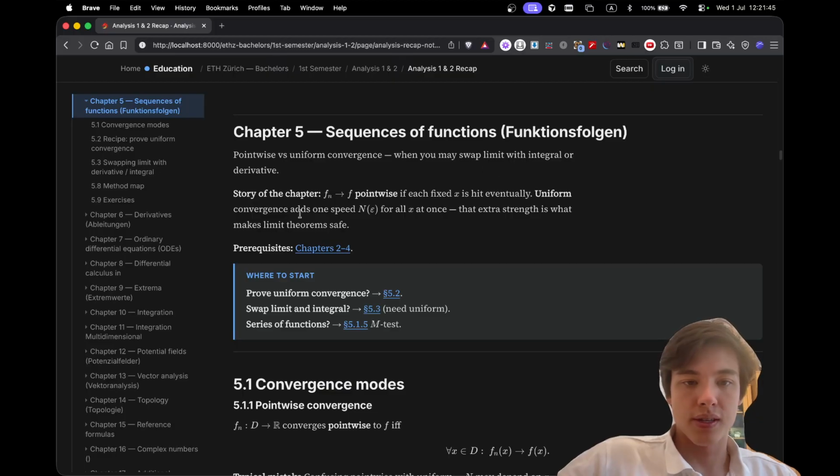Uniform convergence adds one speed and epsilon for all x at once. And that's what makes the theorem safe.